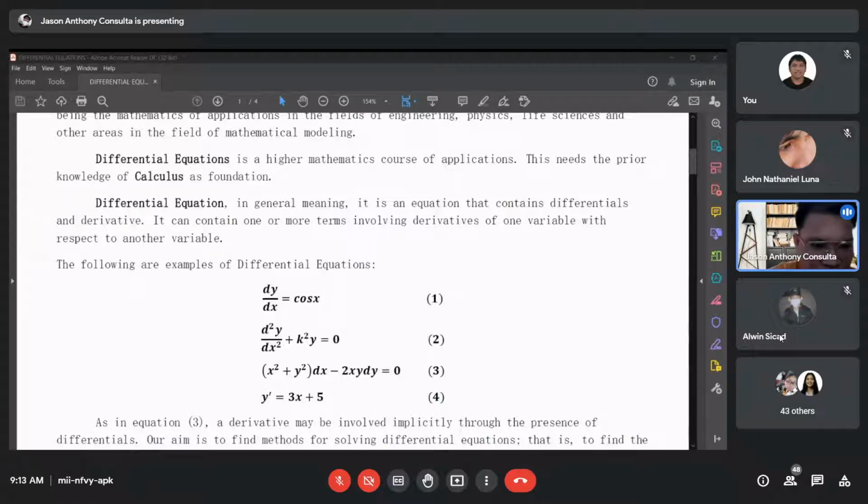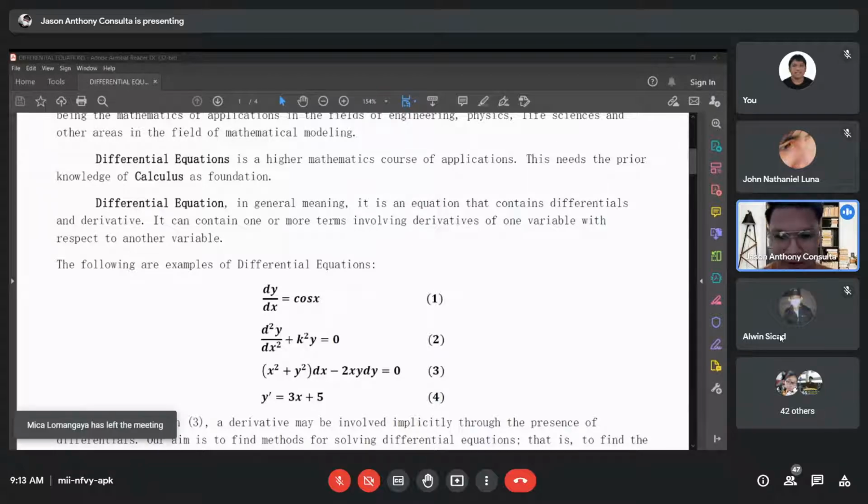Okay, so okay yung sa first term, the second derivative of y with respect to x plus, hindi mo na kailangan ulitin yung the second derivative kasi constant itong k. So, the second derivative of y with respect to x plus k squared y is equal to 0. Okay? Okay po, sir. Thank you po.